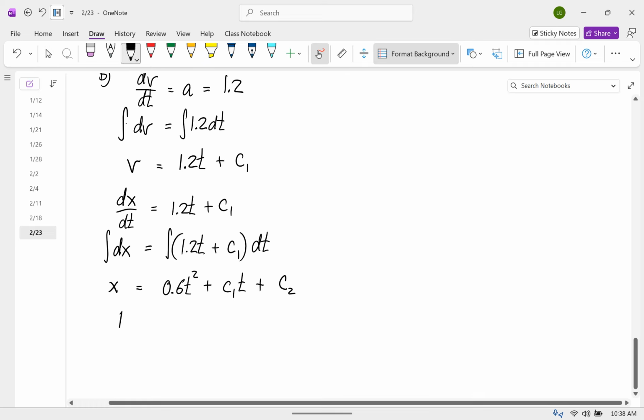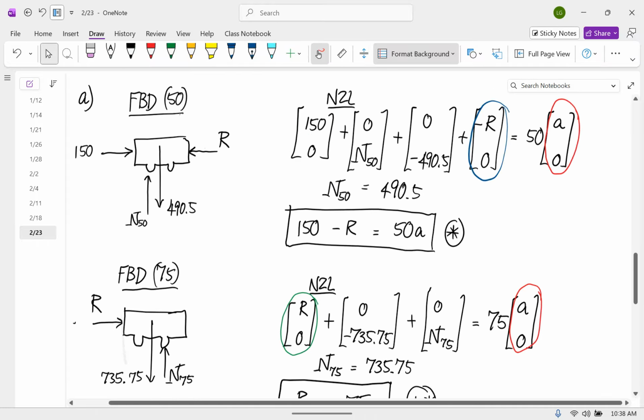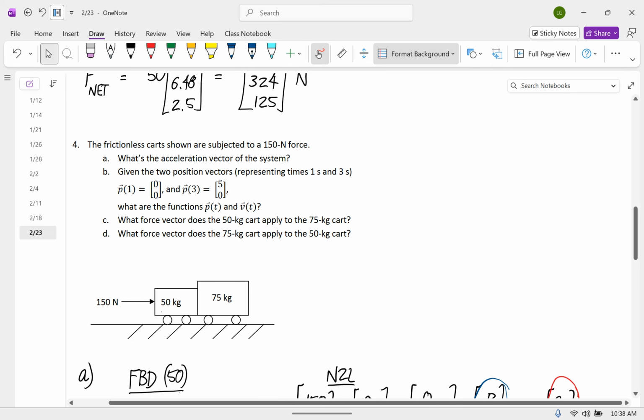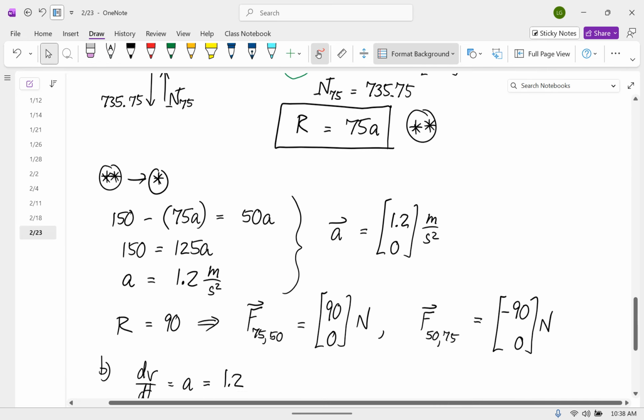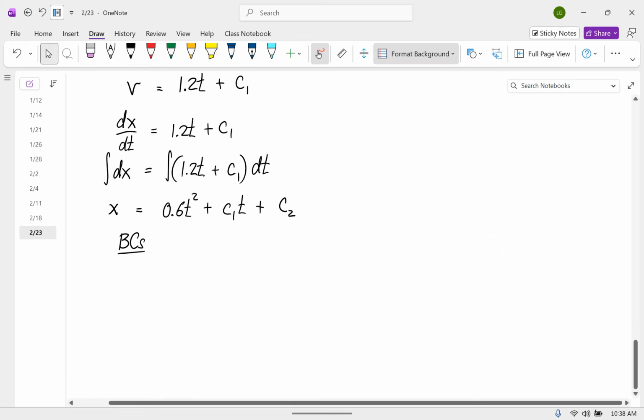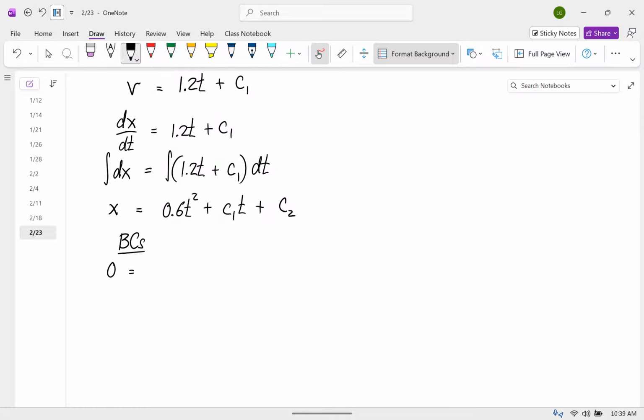And now we have our boundary conditions. First of all, it says if you plug in 1 second for time, you get 0 for p. So the position is 0 when t is equal to 1. So we have 0.6 times 1 plus c1 plus c2.